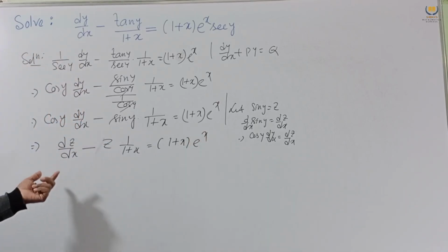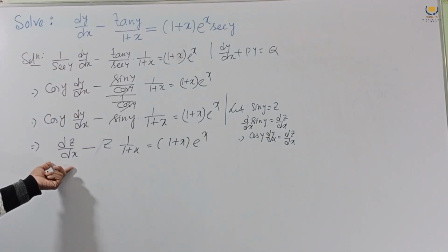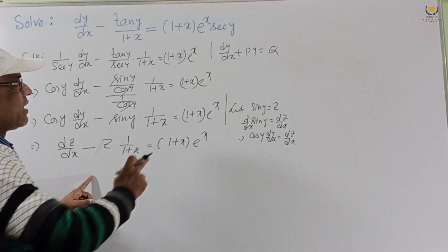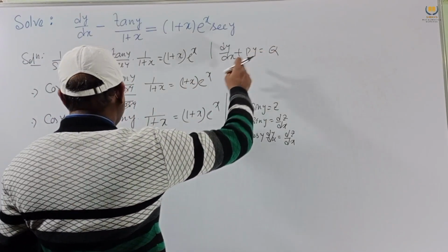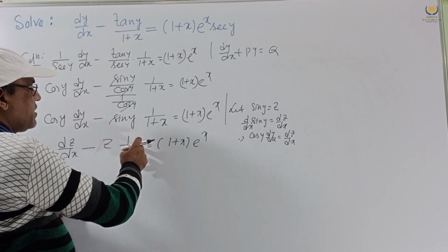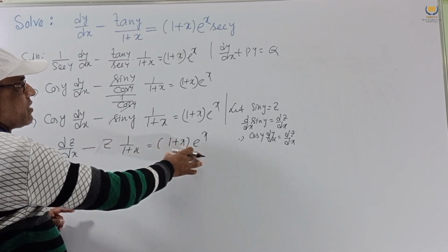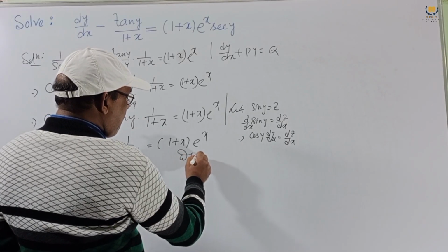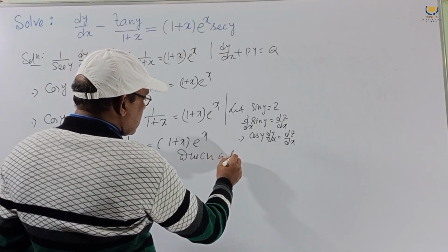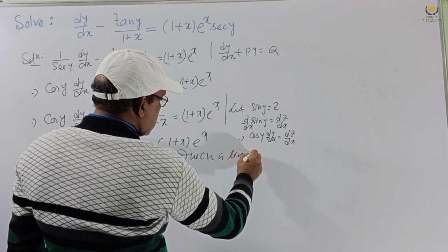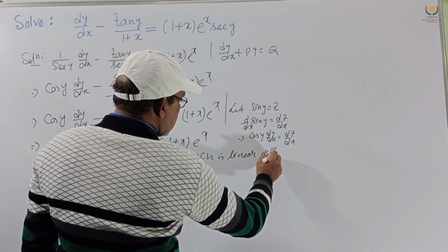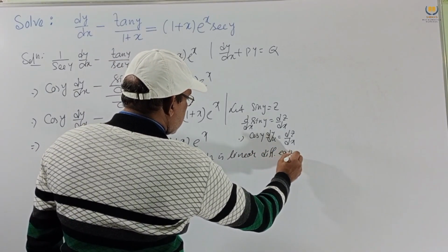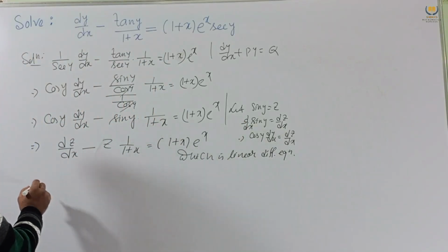So obviously this is a linear differential equation, linear in the form dz/dx plus pz equals q, where p is this and q is this. This is a linear differential equation.